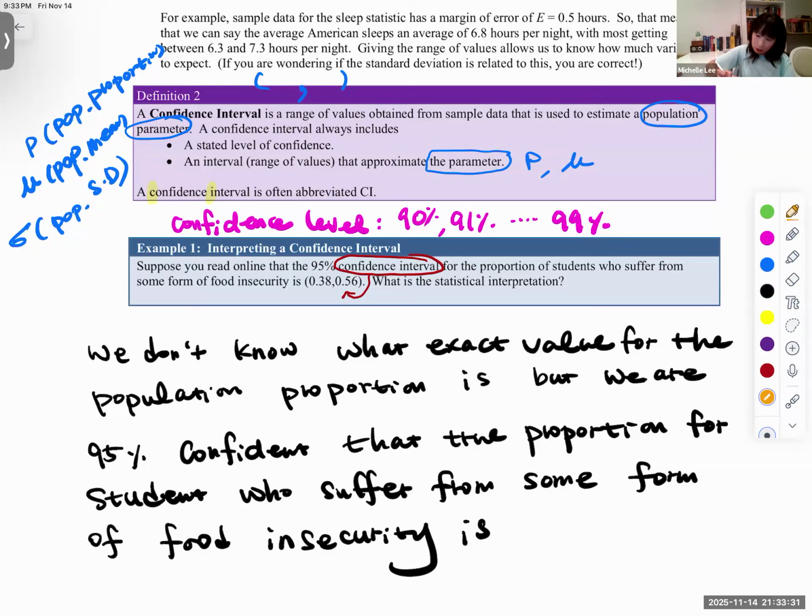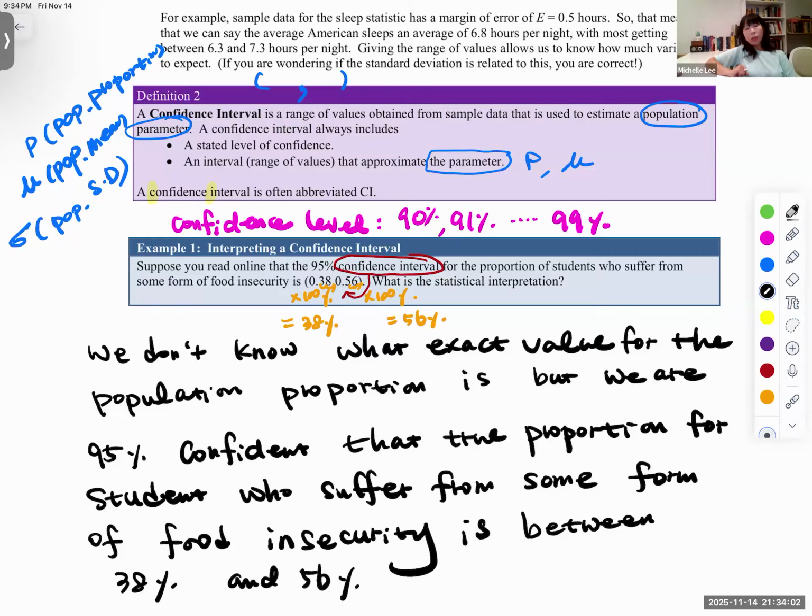We make a percentage, multiplying both by 100, moving two places to the right, so it's 38% and 56%. So the proportion of students who suffer from some form of food insecurity is between 38% and 56%. All right, that's how we interpret.